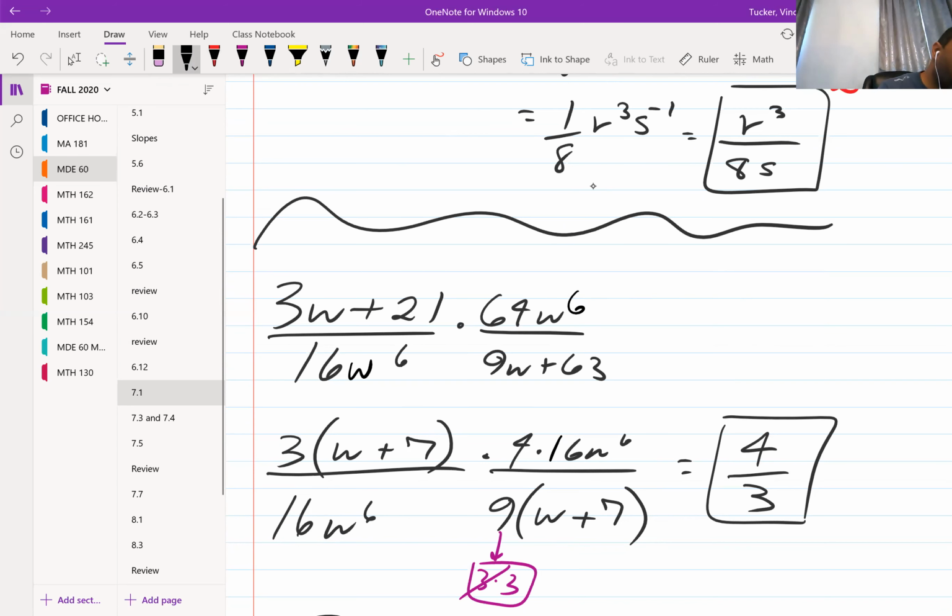All right, so in the first numerator, I factored out 3. So that's why we have 3 times w plus 7. This denominator I left the same because of what happens in my next numerator. Right here, I pulled out 4 because 4 times 16 is 64. But you notice that 16w to the 6 is the same thing right here.